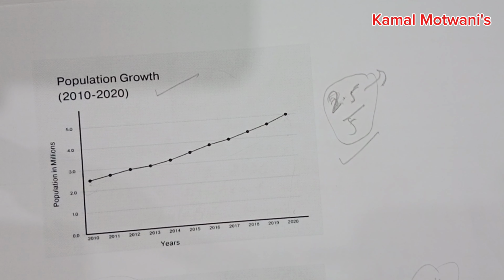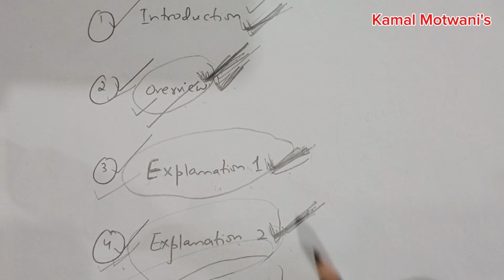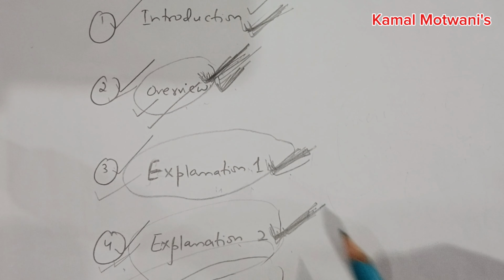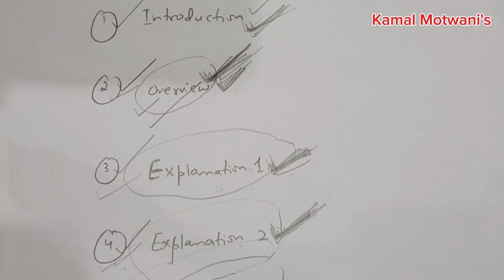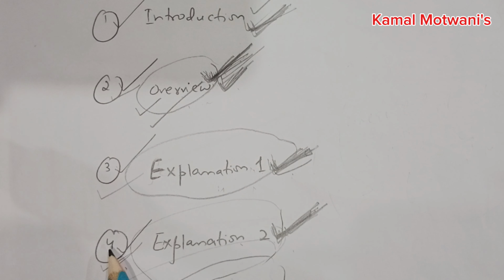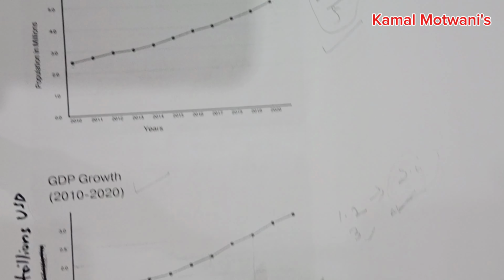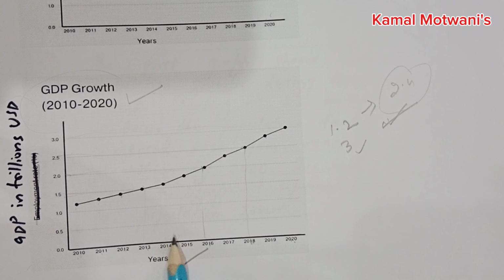Then in paragraph 4 we have to explain graph 2, which is pertaining to GDP growth. So explanation 2 will be written in paragraph 4 pertaining to the GDP growth, which is this one. Now we will explain this one.